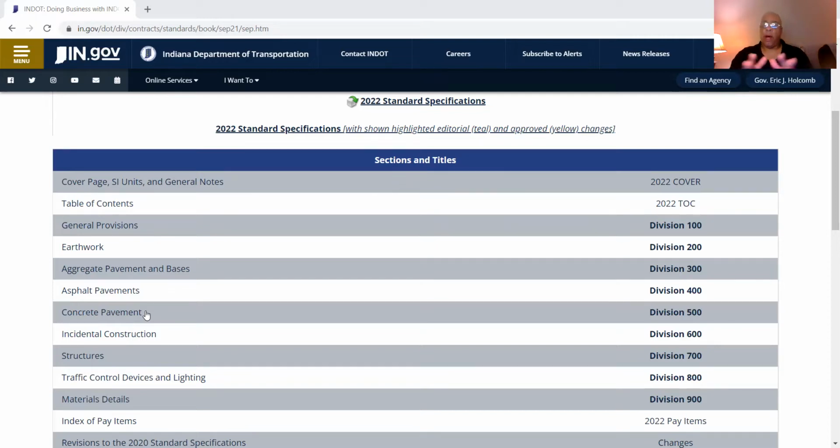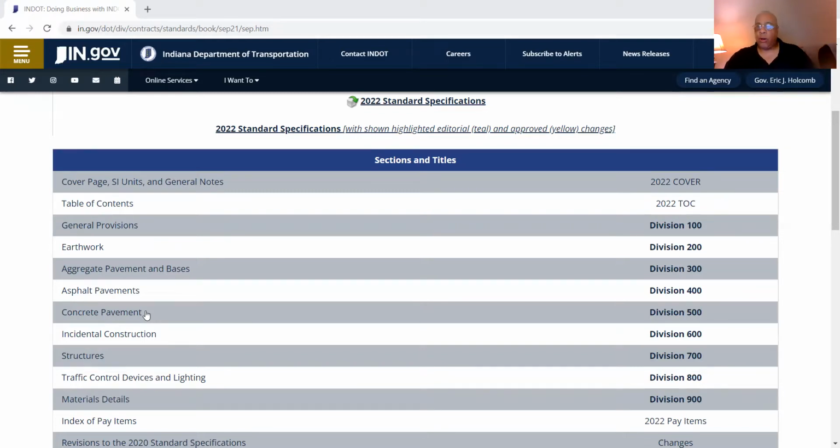When I worked for PennDOT, there was a pub called the 408. The 408 was the Pennsylvania Department of Transportation Standards and Specifications, called Pub 408. Here for Indiana, it's just the Indiana specifications.